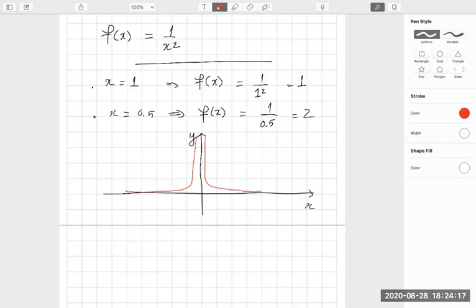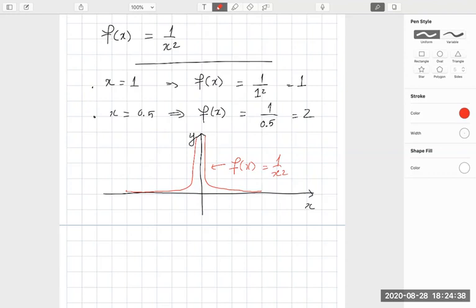Okay, this is f of x equals 1 over x squared, which has two cases. When x is positive, then f of x is positive. When x is negative, f of x is also positive here.